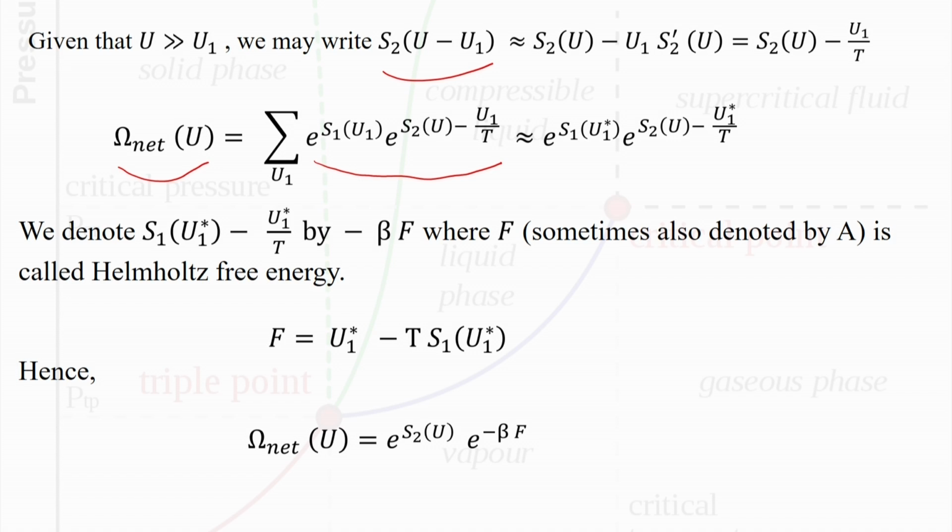So, it stands to reason that, to a crude first approximation, we may easily replace this summation. We may ignore that we have to sum over all the energies, rather we just make do with the energy which corresponds to the most probable value, or the one that maximizes this. Of course, at this stage it is not very convincing, because I have to convince you that by doing this I will not be making a huge mistake by ignoring other energies that may be close to this most probable energy.